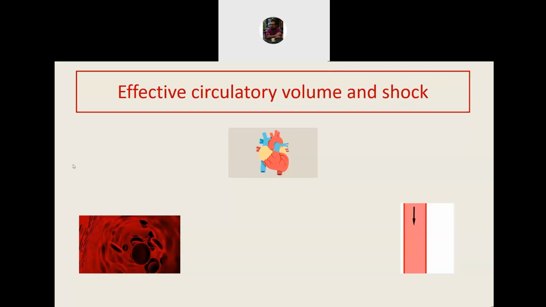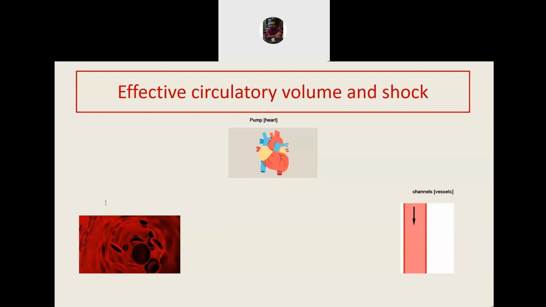understood. Let us take the example of three very important components of circulation. One of the component is the pump, that is represented by the heart. The second component are the channels or pathways, that is represented by the blood vessels.